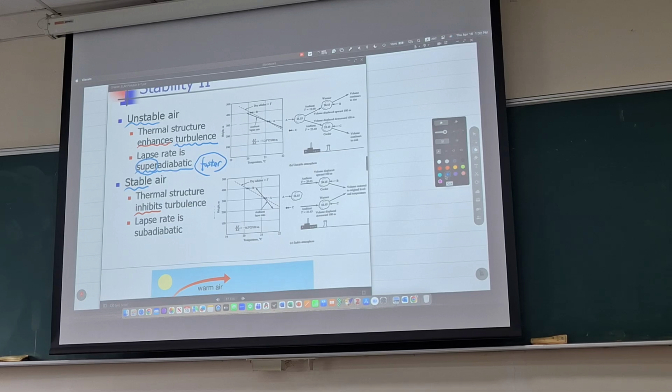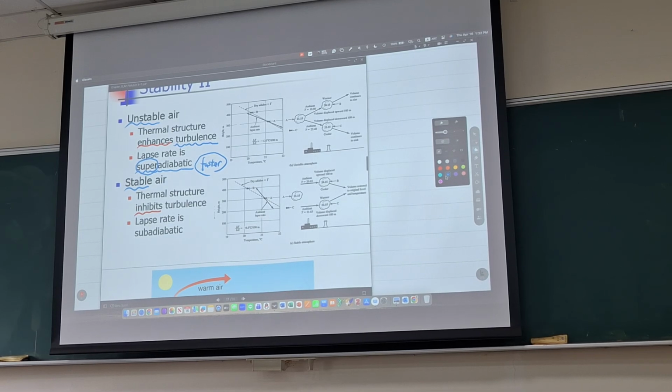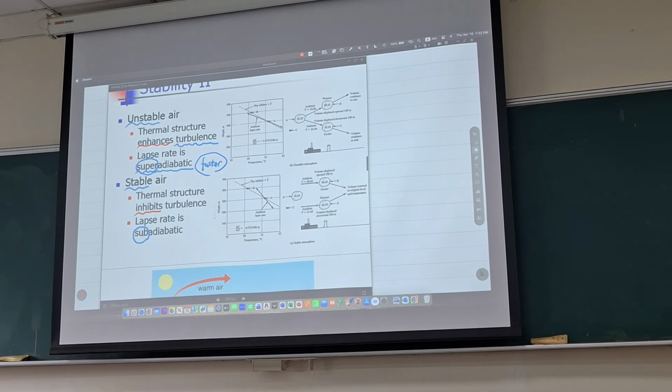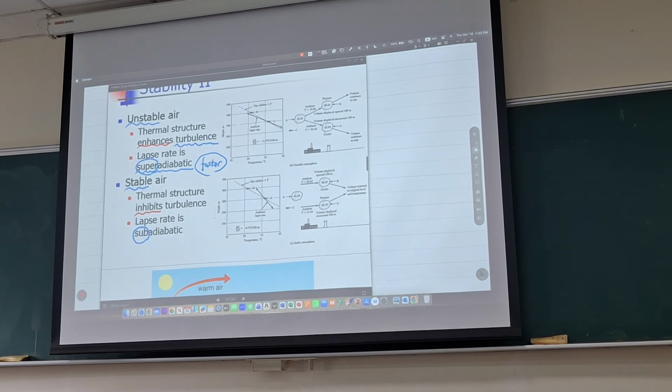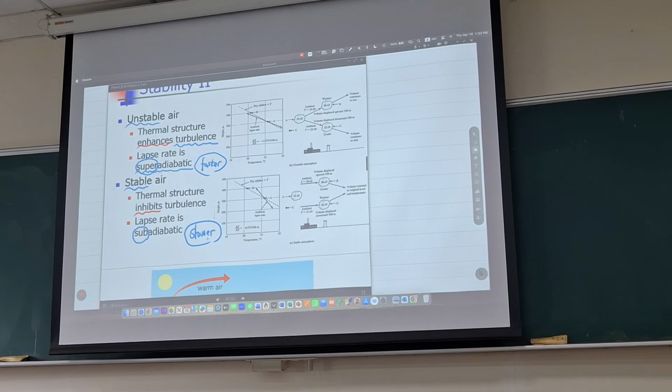Okay? And this occurs when the environmental lapse rate is something called sub-adiabatic. So one is super, the other one is sub-adiabatic. Okay, so in opposite, that means the air temperature decreases with height slower. And write this one down. Slower than the adiabatic lapse rate.